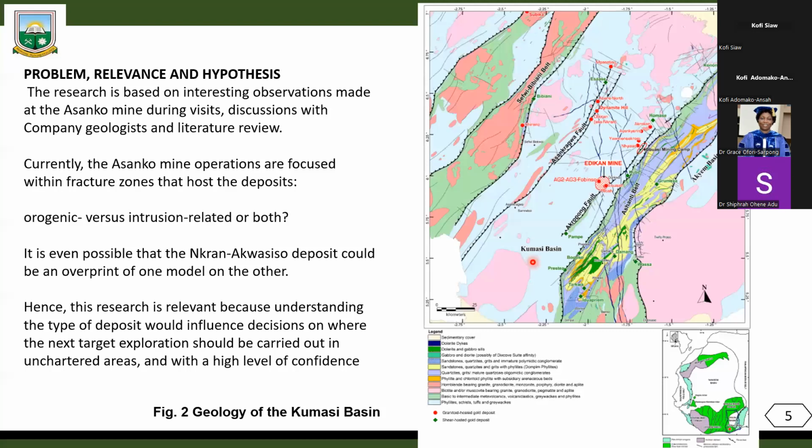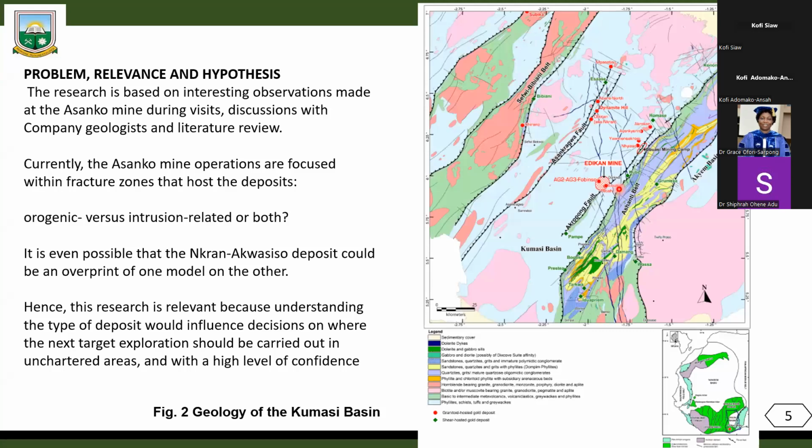Along the contacts of these volcanic rocks and the basins is where we have the major deposits located, like Chirano and Bibiani gold deposits, as well as up north, the Ahafo deposits. When you come to the Ashanti belt, you have mostly the Obuasi gold deposit, Prestea, Bogoso, to mention but a few.